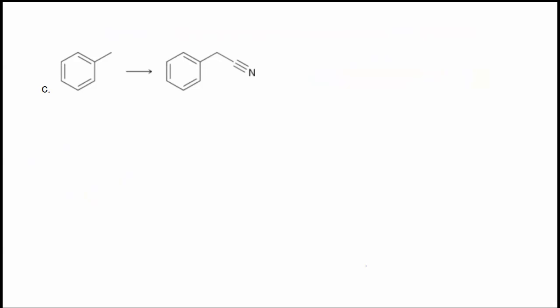All right, what about this one? So our observations here, we are adding a CN. There's two reactions that we know how to add a CN, and that is using NaCN.